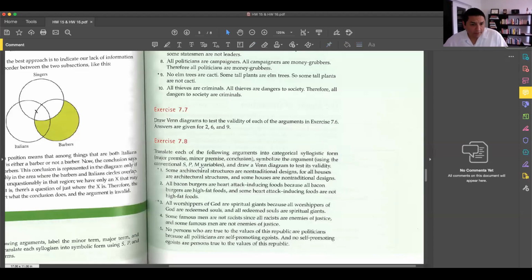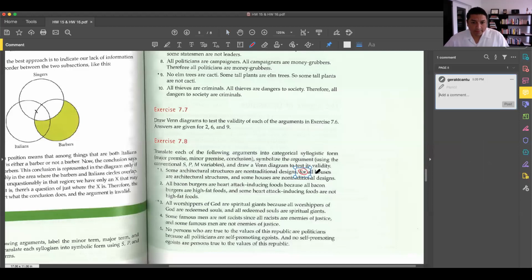I'm going to take number one here and switch over to the drawing board. This 4 here indicates that these things are premises, and the conclusion is going to be the first one. So you put the conclusion on the bottom, and then the major and minor premises on the top, and it'll look like this when you do that.